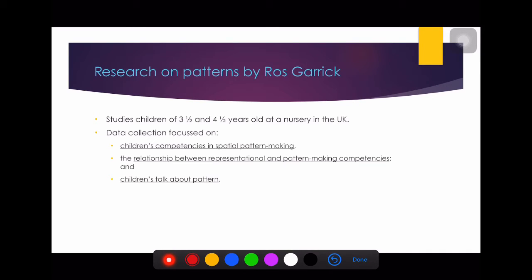Ros Garrick looked at students of 3.5 to 4.5 years old at a nursery in the United Kingdom. The data that Ros Garrick collected focused on these points. Number 1, children's competencies in spatial pattern making.